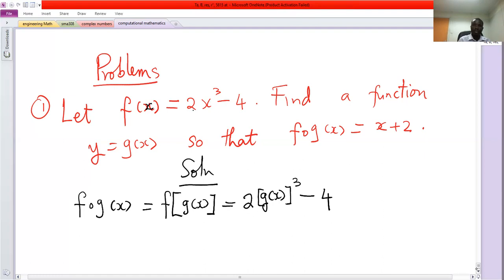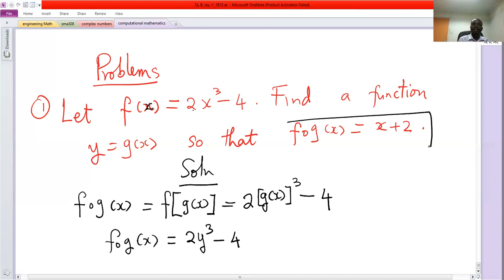So for convenience, let g of x be replaced by y. So you say f composed with g of x equals 2y cubed minus 4 as our solution. And they have given us that when you do that composition, you get x plus 2.